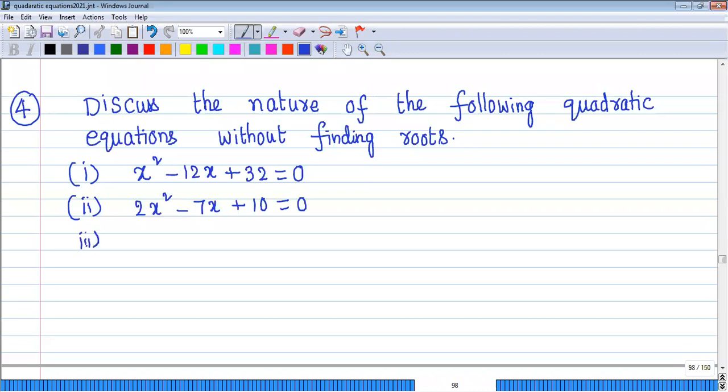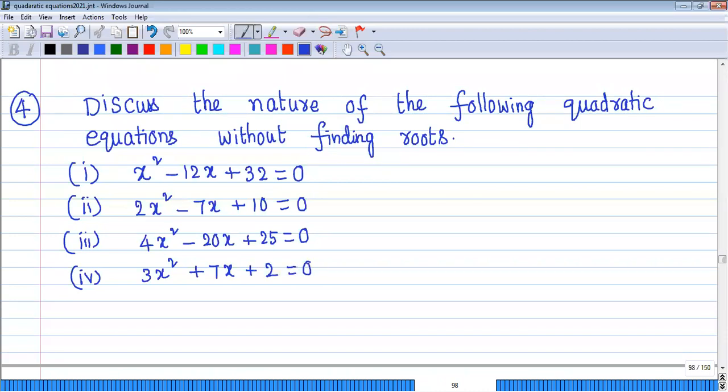Third problem, 4x square minus 20x plus 25 equals to 0. Fourth question, 3x square plus 7x plus 2 equals to 0.